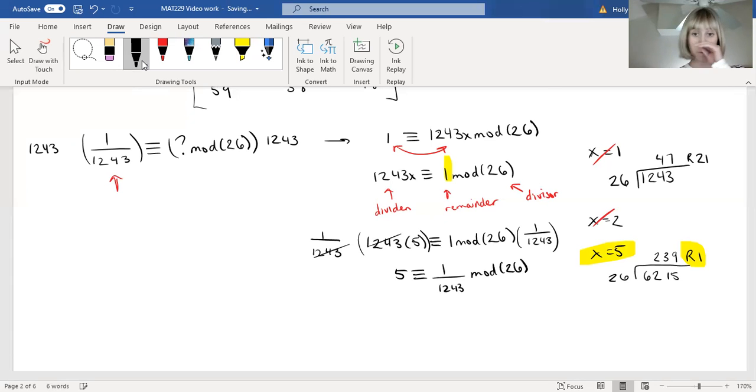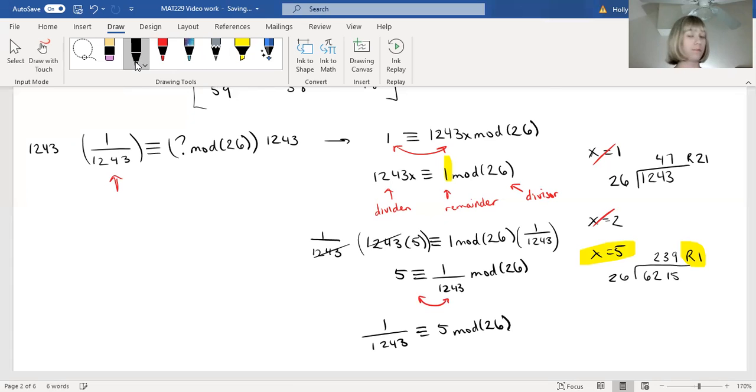And remember our old property that we use, you can flip these and you will get 1 over 1243. 5 is the number that solves this mod.